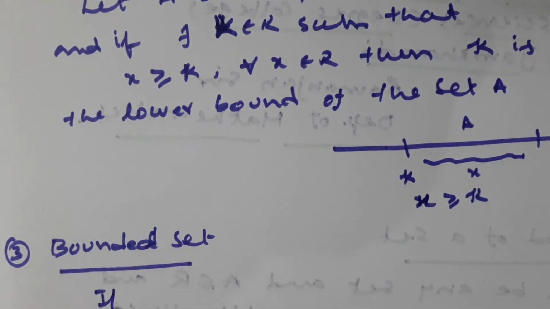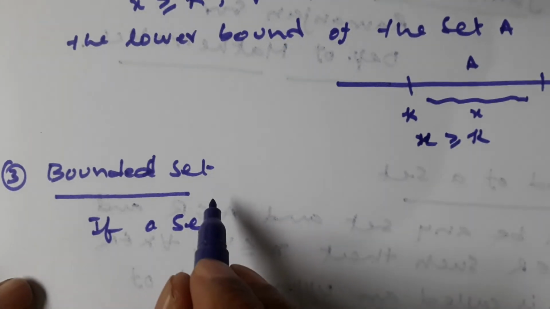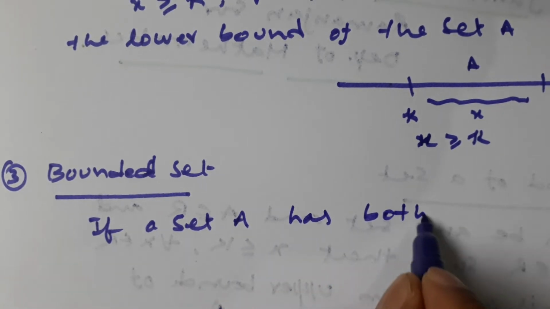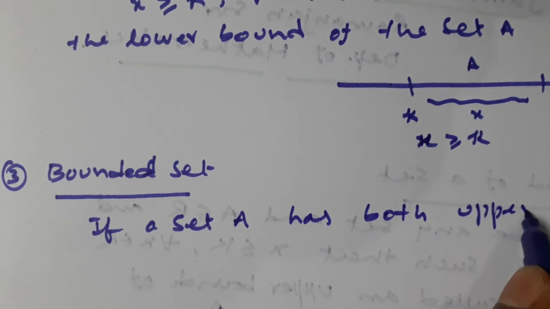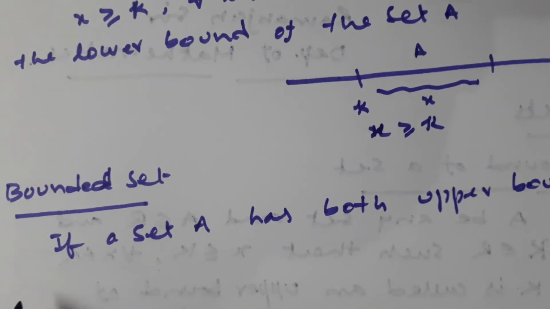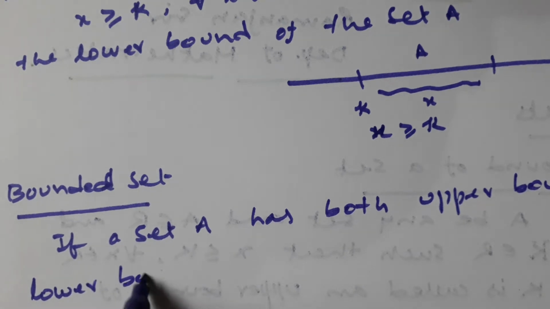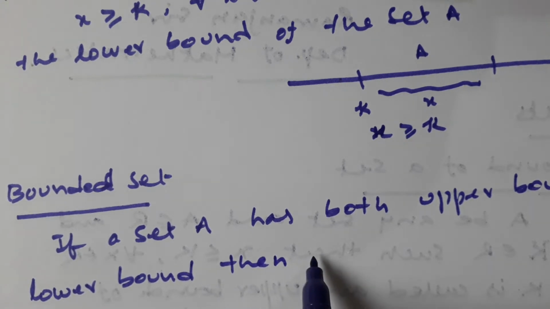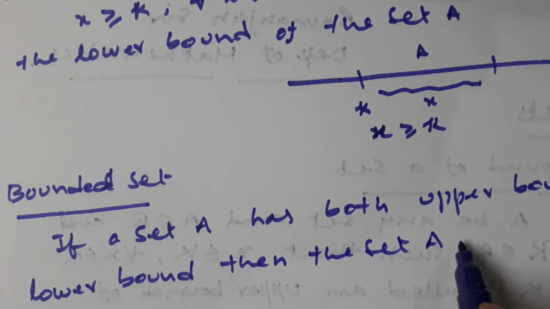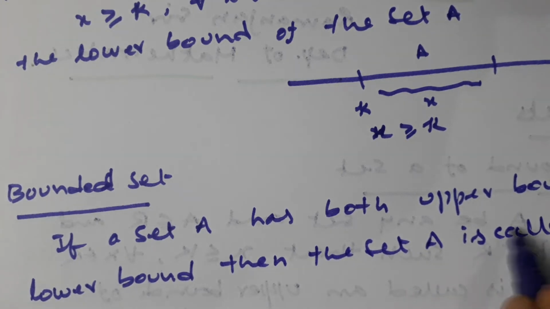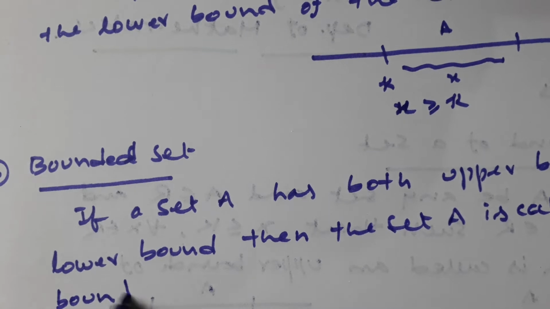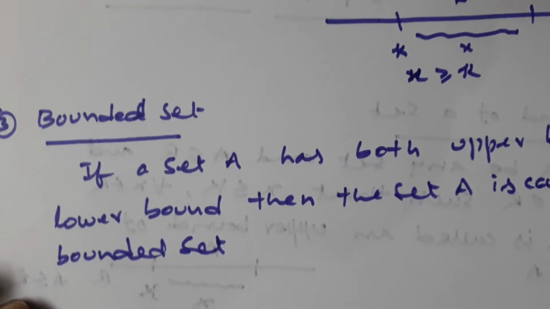So it is, if a set A has both upper bound and lower bound, then the set A is called a bounded set.